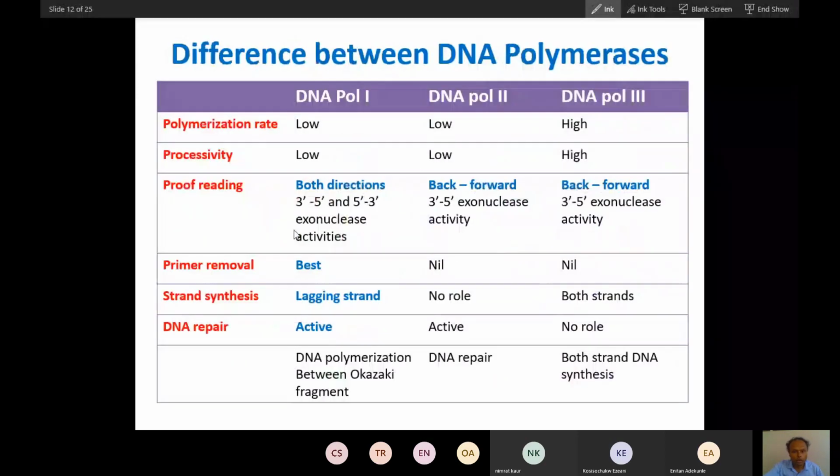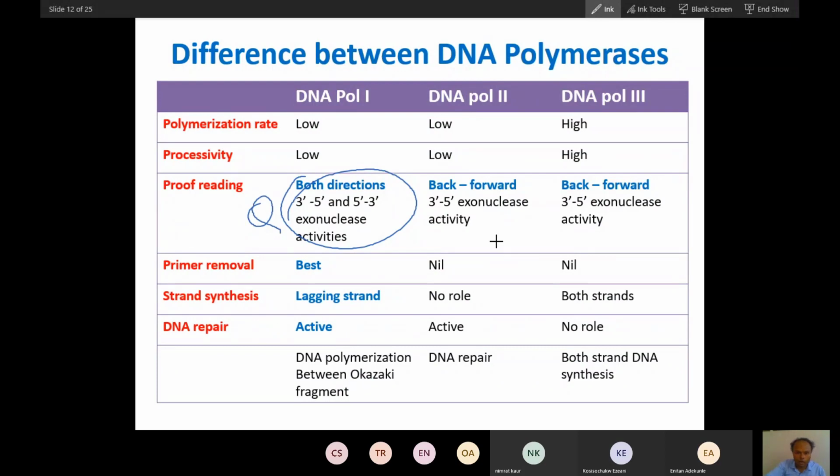Now, another question. This is one question from polymerase 1. Polymerase 1 synthesizes DNA on the lagging strand between Okazaki fragments. This is the function, and these are very important things.